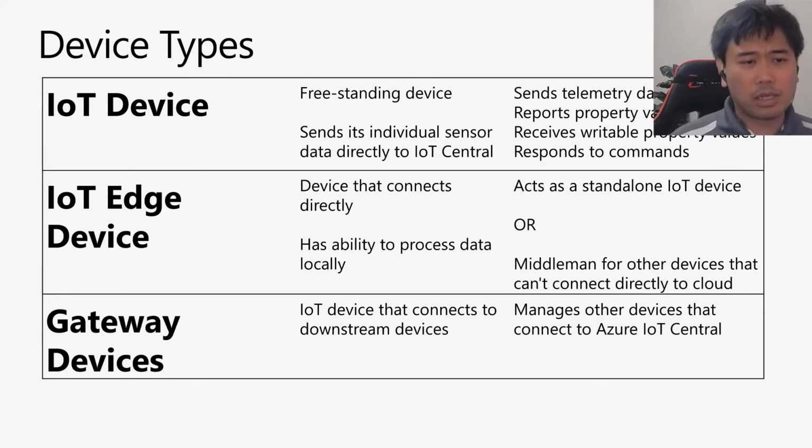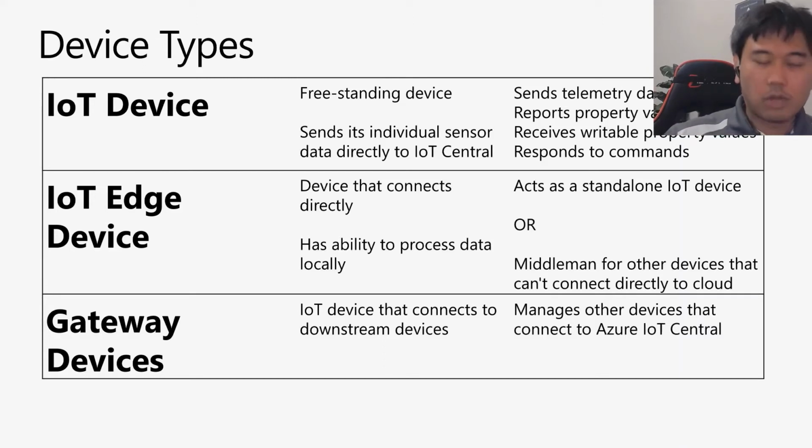And of course, a gateway device is an IoT device that can connect to downstream devices and can manage other devices that are connected to IoT Central. So it becomes kind of like a proxy when those devices do not have a connection to the internet, right?